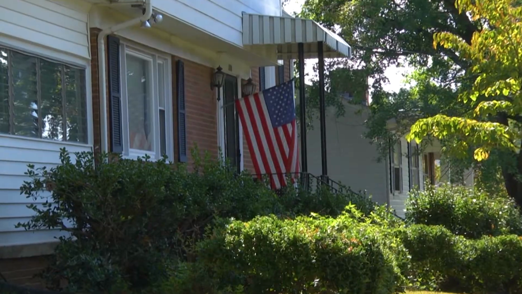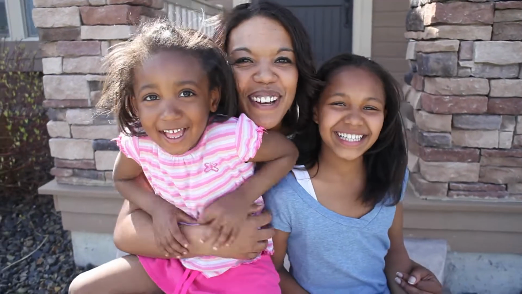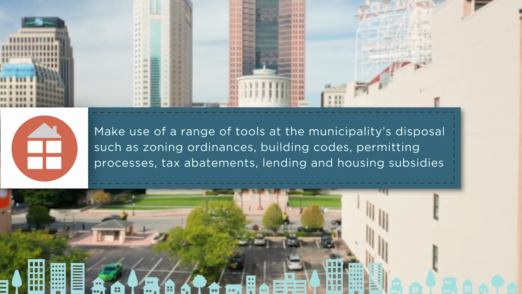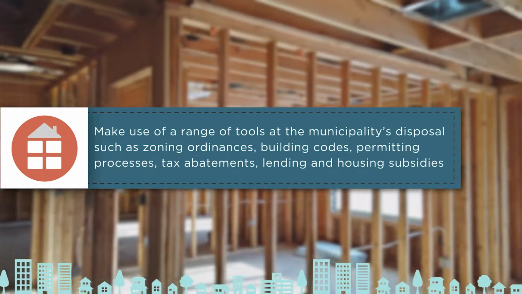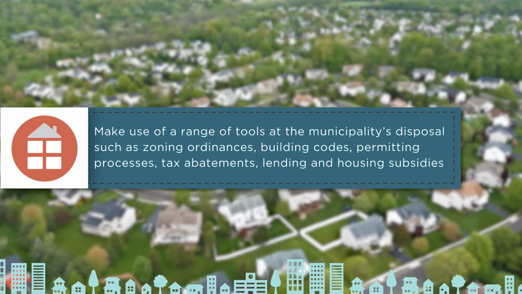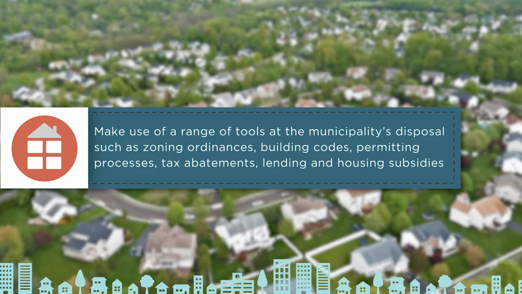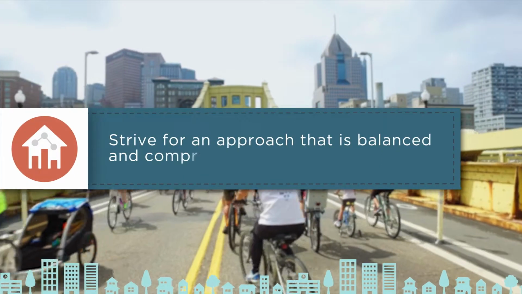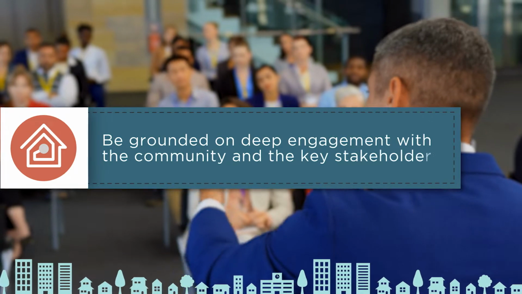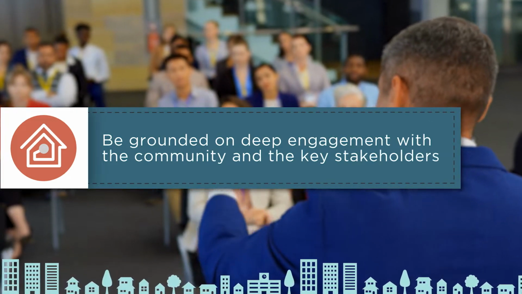Additionally, an effective local housing strategy may also make use of a range of tools at the municipality's disposal, such as zoning ordinances, building codes, permitting processes, tax abatements, lending, and housing subsidies. Strive for an approach that is balanced and comprehensive. Be grounded on deep engagement with the community and the key stakeholders.